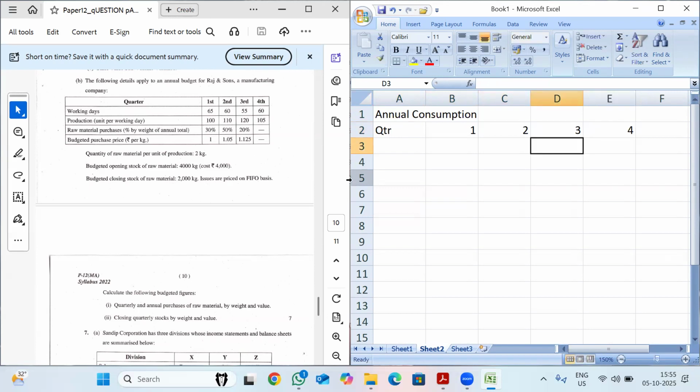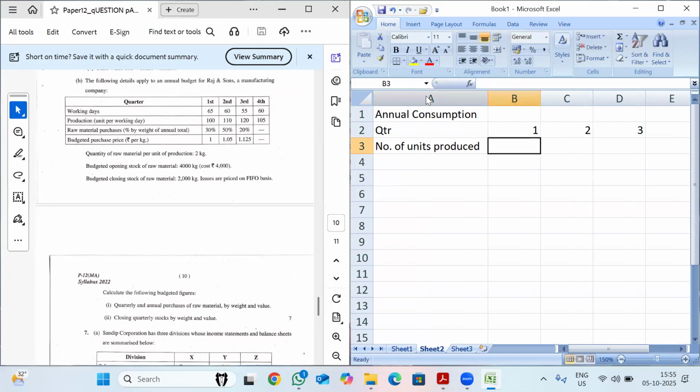So working days into production units per working day, that is how many units I'm going to produce. So first I want to calculate number of units produced.